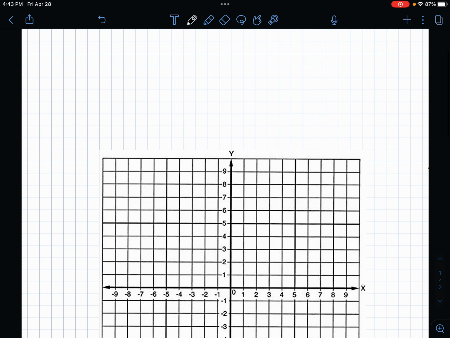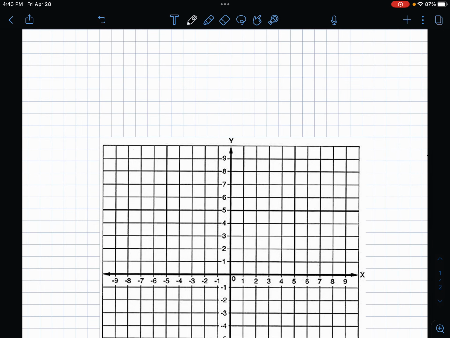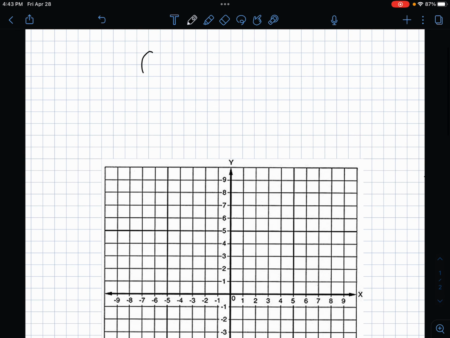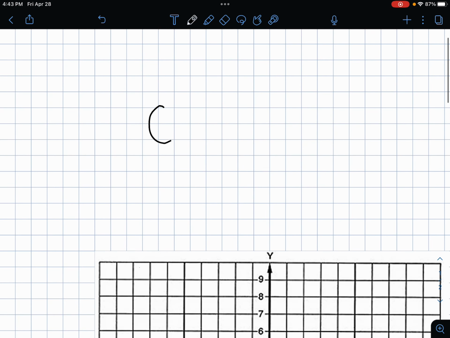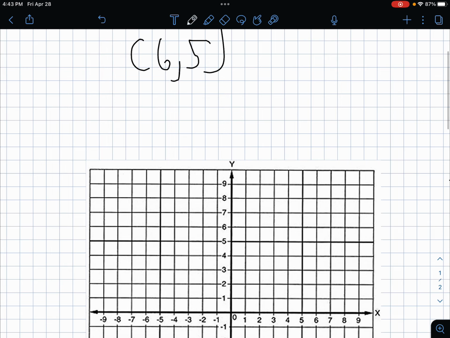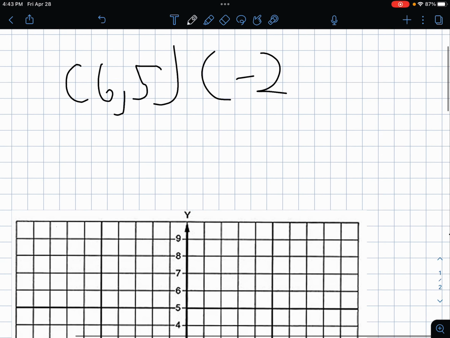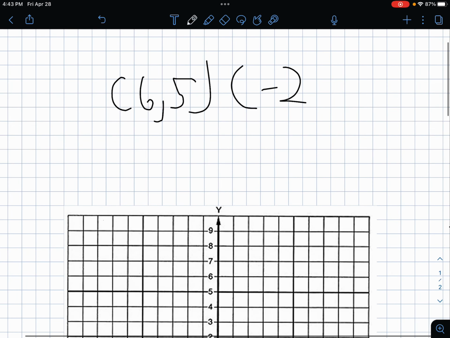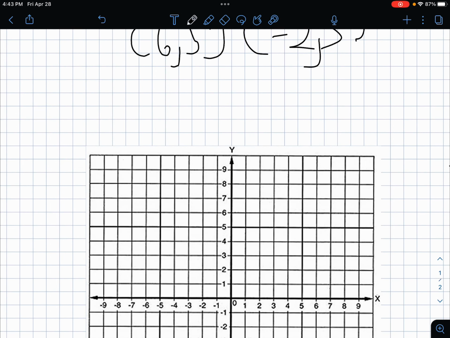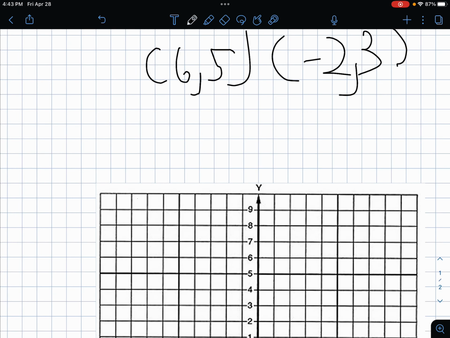Now, if we're going to make a reflection on a different axis, so if you're doing, let's see here, say 6, 5, negative 2, 3, and lastly, sure, negative 8, 7.